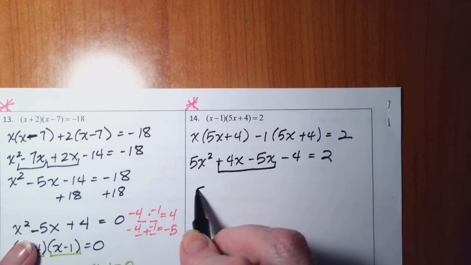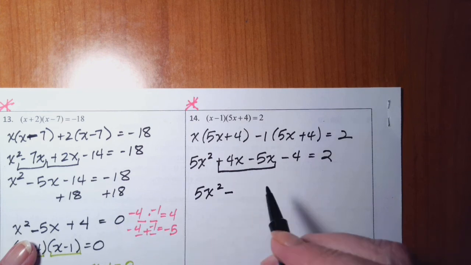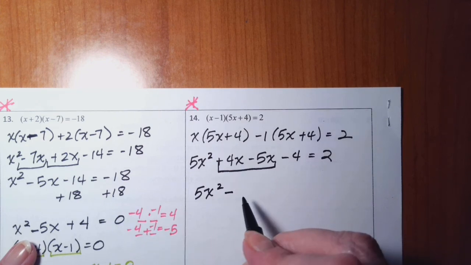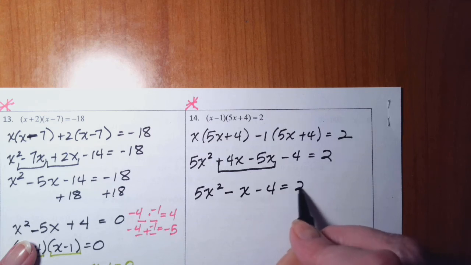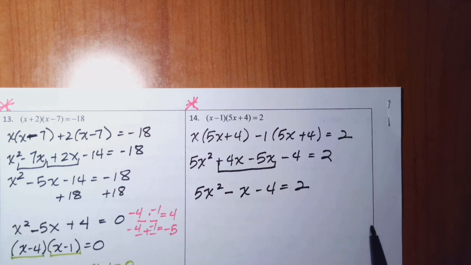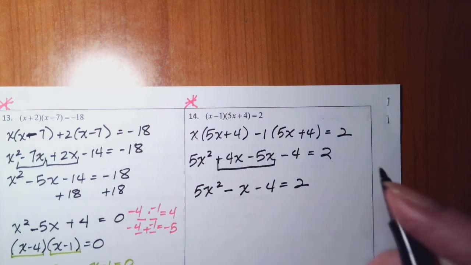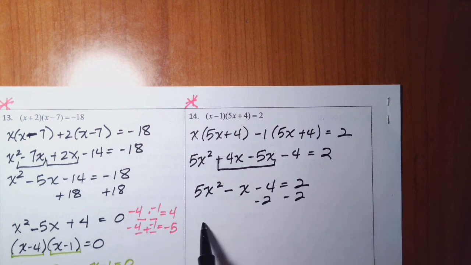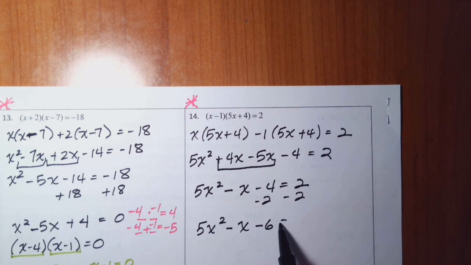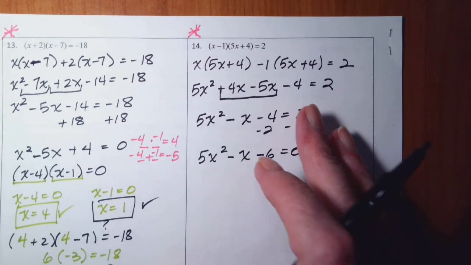Combining my like terms, I get 5x squared minus 1x or minus x minus 4 equals 2. So now I need to get it equal to 0, so I'm going to subtract 2 from both sides, and that gives me 5x squared minus x minus 6 is equal to 0.